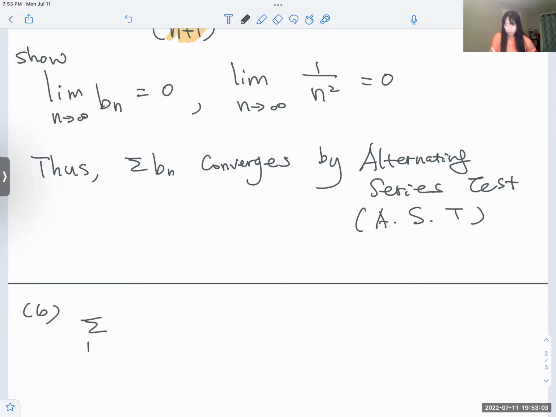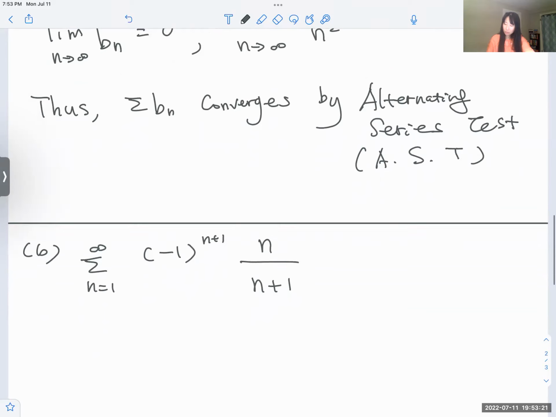So we have the sum from n equals 1 to infinity of (-1) to the n plus 1, times n over n plus 1. Look, this is b sub n. Now we're going to create b sub n plus 1.